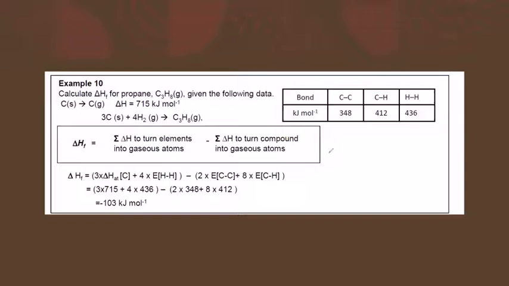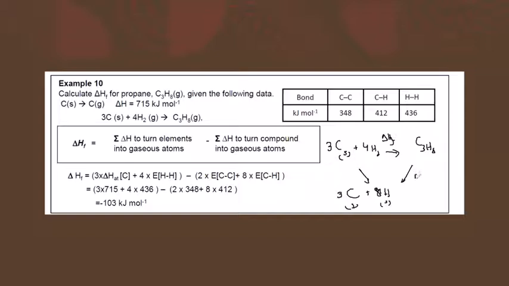So how can we work this out? We have 3 carbons in solid state and 4 hydrogens, making C3H8. So we can have carbon in a gaseous state and 8 hydrogen atoms in a gaseous state. So this is the enthalpy change of formation.